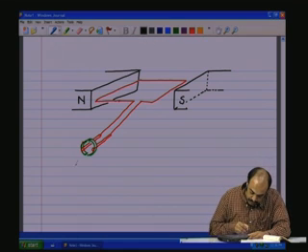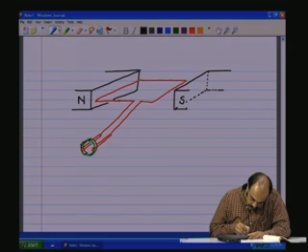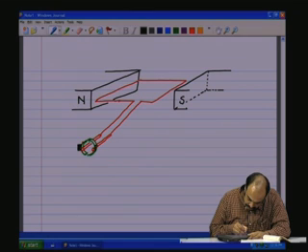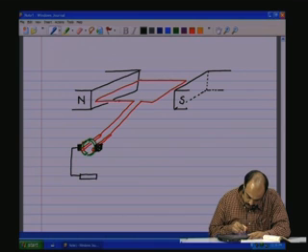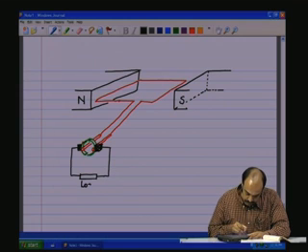And then we still have the brushes. We still have the brushes like that, which are making contact. And from the brushes we are going to take it to the external load like this.